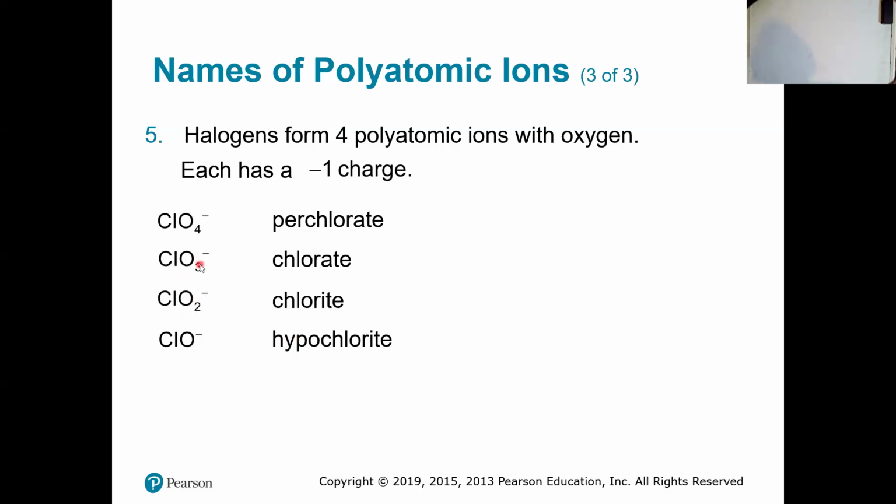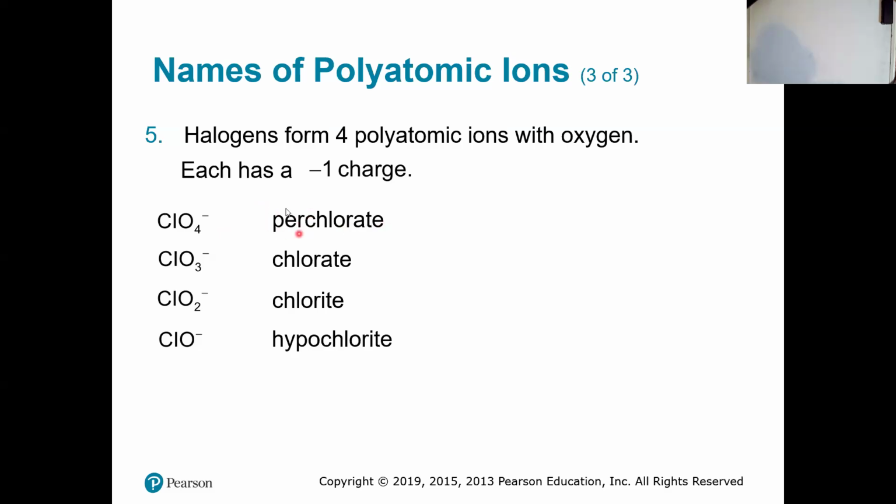When we add 1 more oxygen to that, our ending is going to change from ITE to ATE, just like we saw before, where something has more oxygen, so it has an ATE ending. And for the ion that has the most oxygen, we're going to add a prefix and keep the ATE ending.